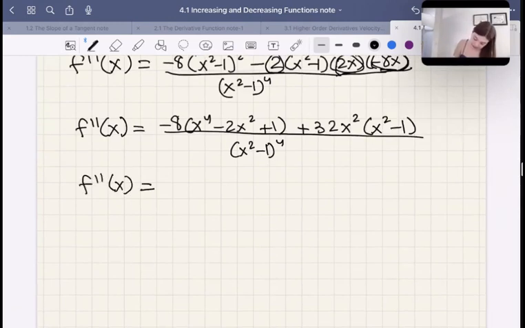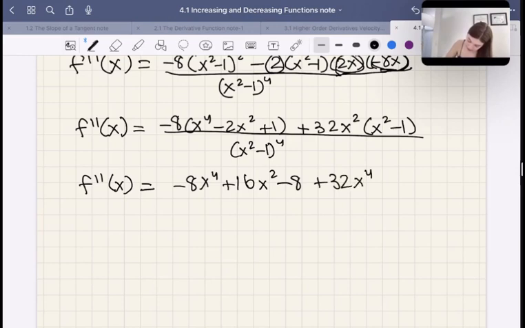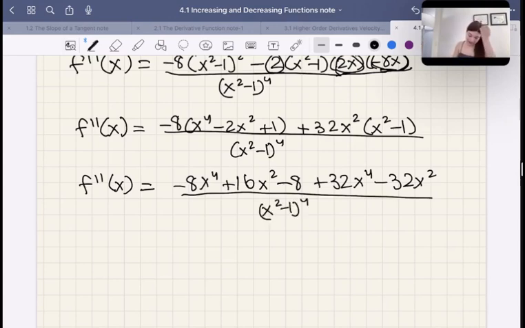Awesome. And then let's simplify further. Negative 8x to the 4 plus 16x squared minus 8 plus 32x to the 4 minus 32x squared. Like that. And then I'm going to set this to 0. We can set it to 0 at any point, really. There's not really a common place you have to.